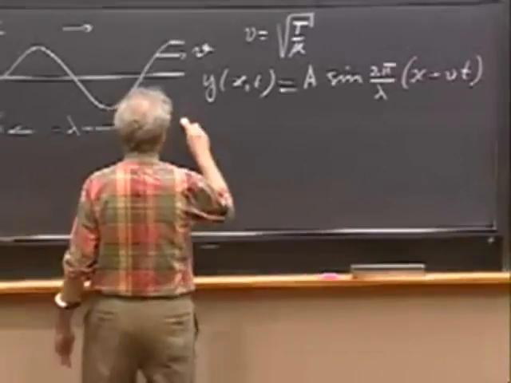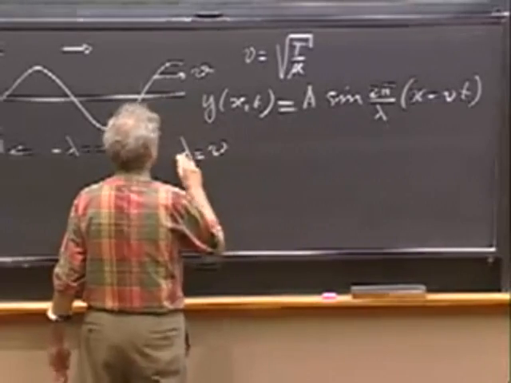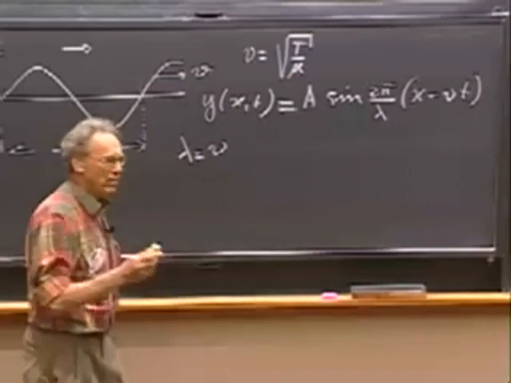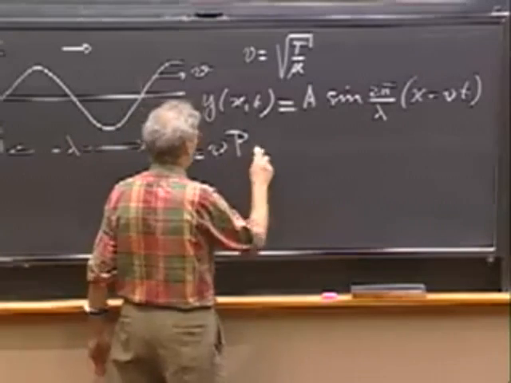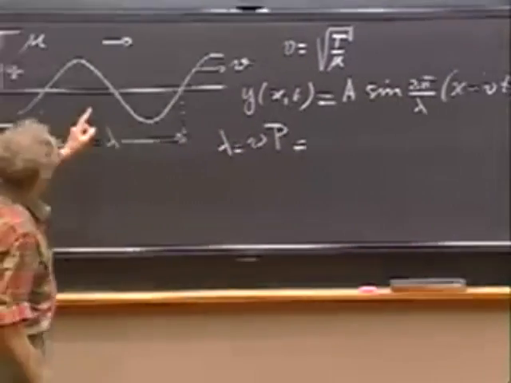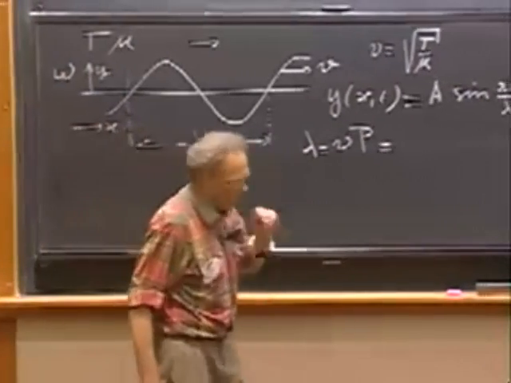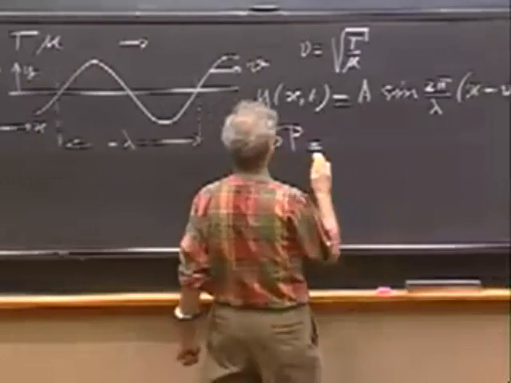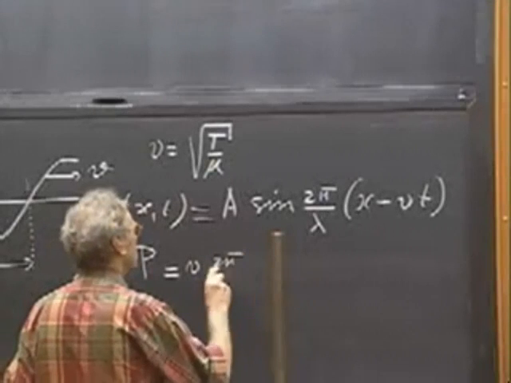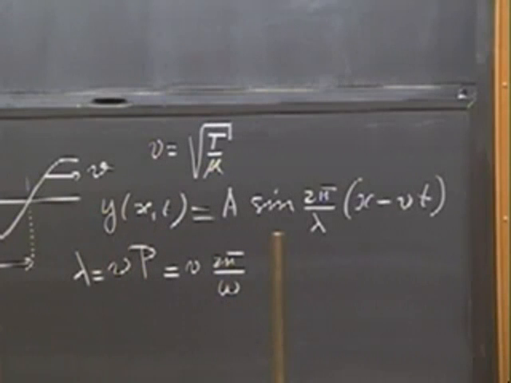Now lambda is v, which is this v, times the period of one oscillation, for which I will write a P today, not a T, because I don't want to confuse you. And that P is obviously 2 pi divided by omega. This is my omega, with which I am shaking.